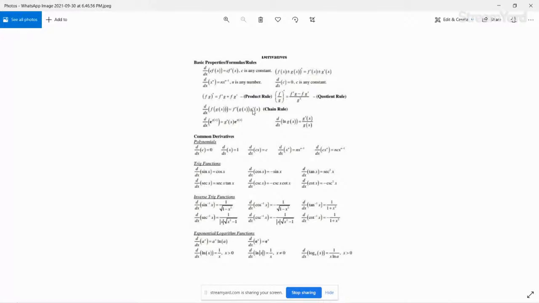Then comes the chain rule. This chain rule is basically for composite functions. Let me explain how to do the chain rule.